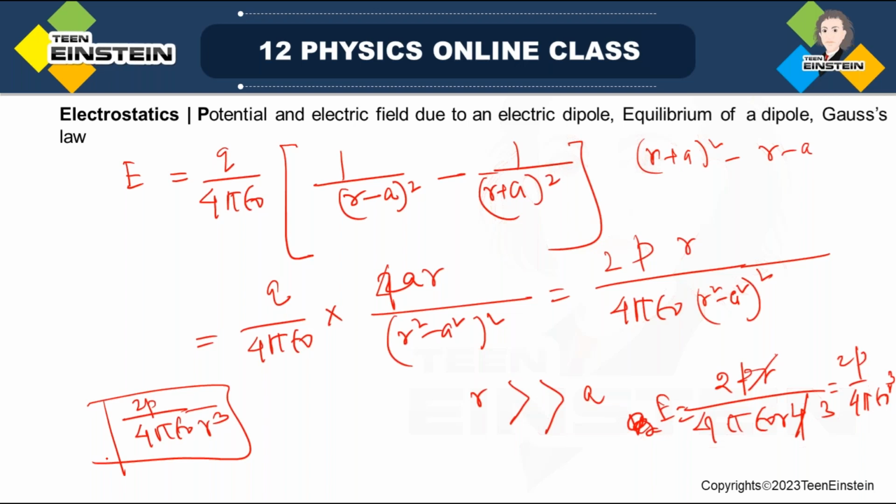So this is the electric field due to a dipole, and this electric field is looking like this at any axial point. And this electric field could be written in terms of vector. So in terms of vector, we can just make this p and this as r direction. So then in that case, r cube will be r to the power 4.